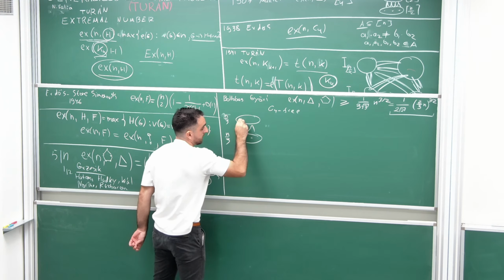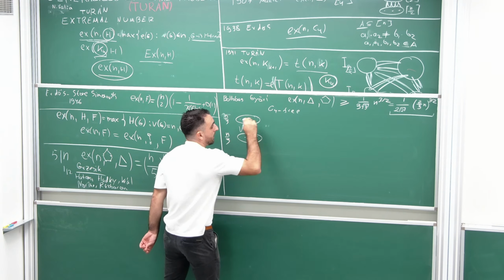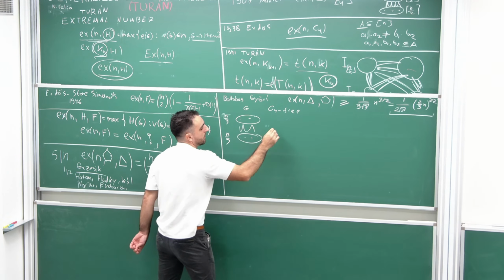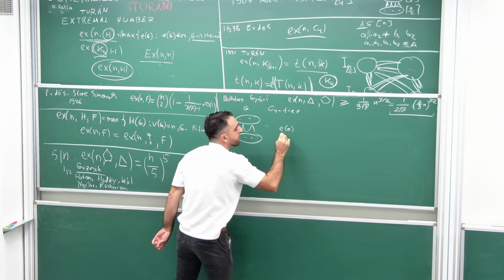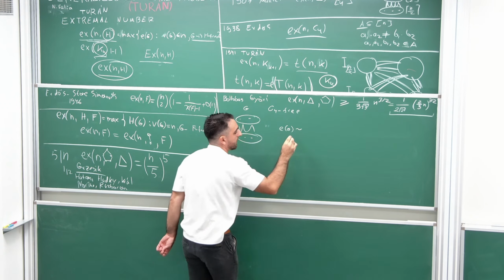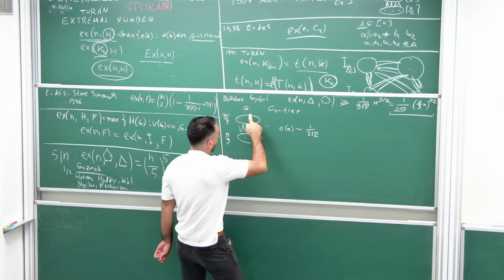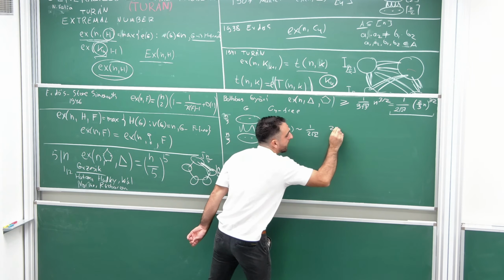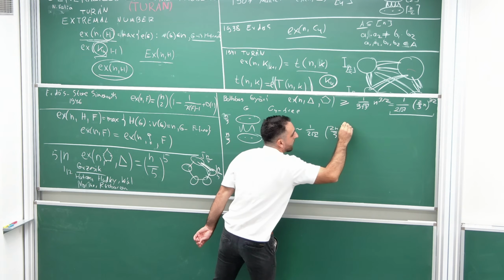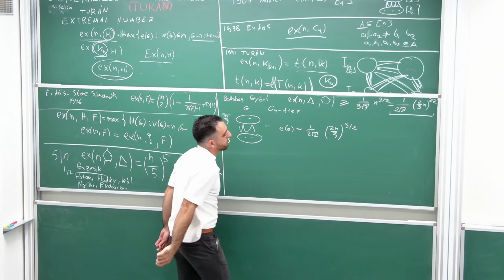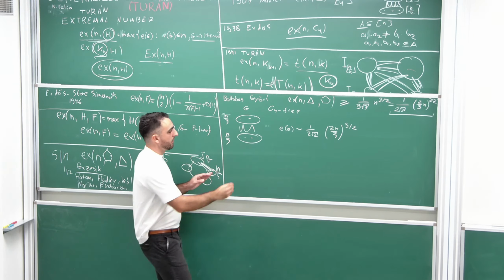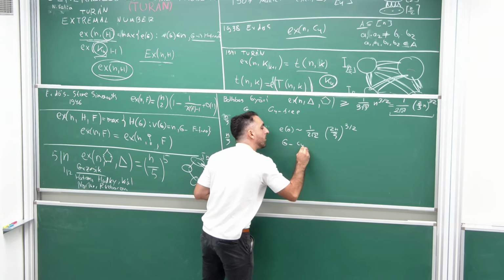So this is independent and this is, let's say, G. The number of edges in G is something like 1 over 2 root 2 times the number of vertices here, which is 2n over 3 to the 3 half. And G is C4-free.